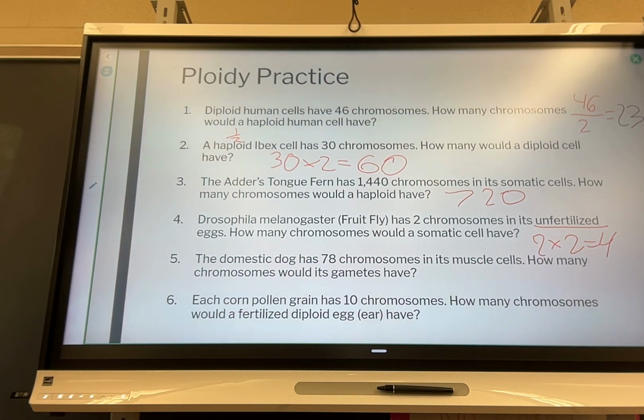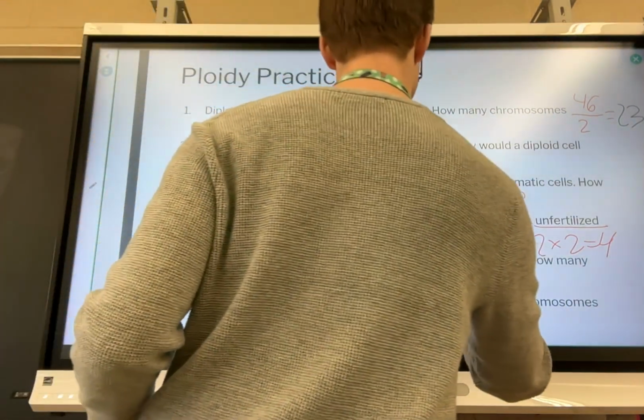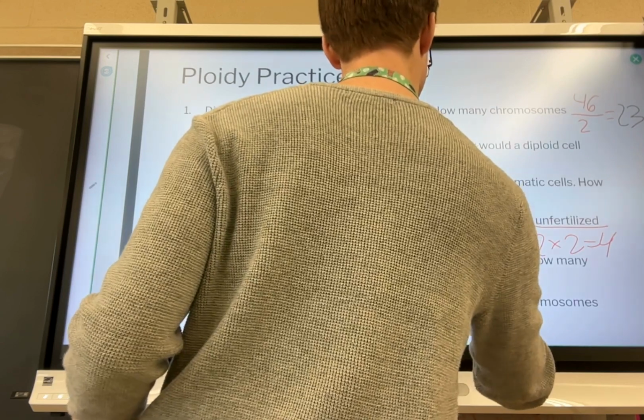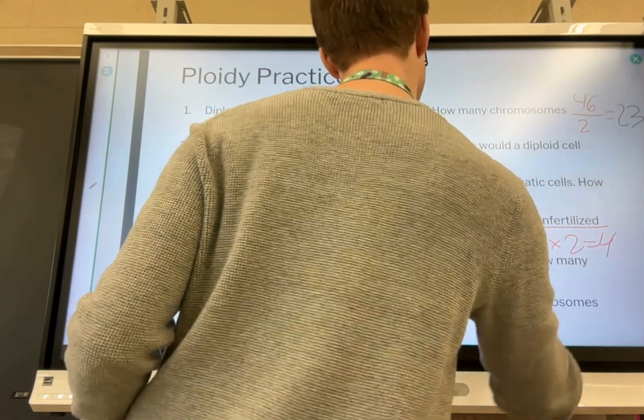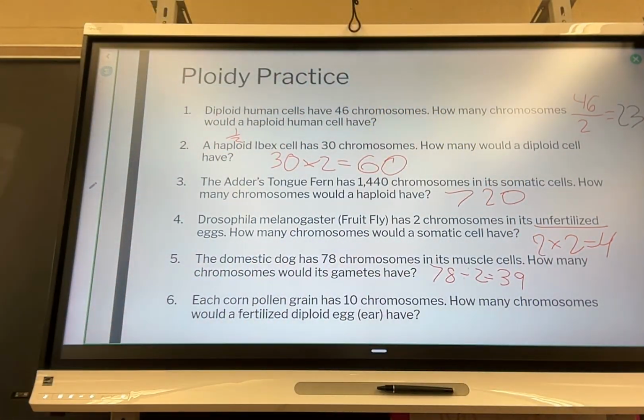Surprisingly, that's why they're so easy to work with for genetics. Cade. Domestic dogs have 78 chromosomes in their muscle cells. How many chromosomes would its gametes have? 39. So 78 divided by 2 would be 39. And last but not least, Ashlyn. Each pollen grain has 10 chromosomes.